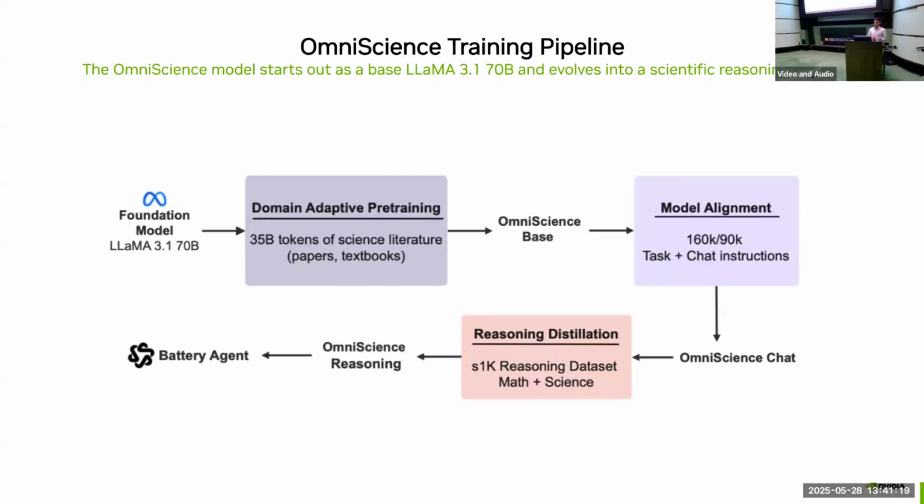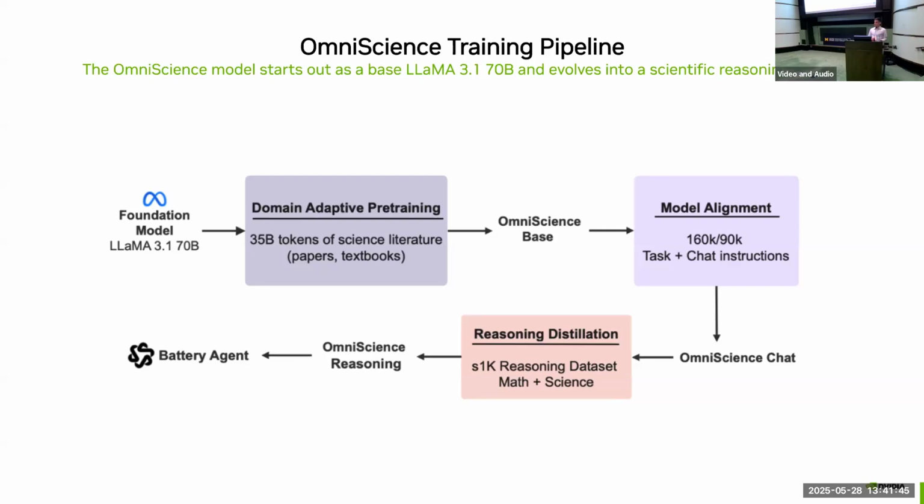So from the base model, we move on to the model alignment stage, which is, again, making this sort of chat-like interface where we're aligning our model to our specific domain further by giving it these task instructions, which could be something like multiple choice questions, summarization, and those sorts of tasks, and having our model learn to further improve its capabilities in this particular domain.